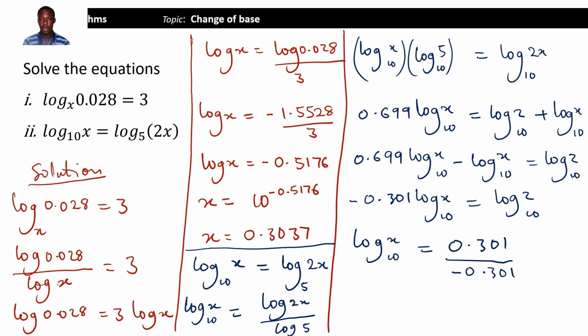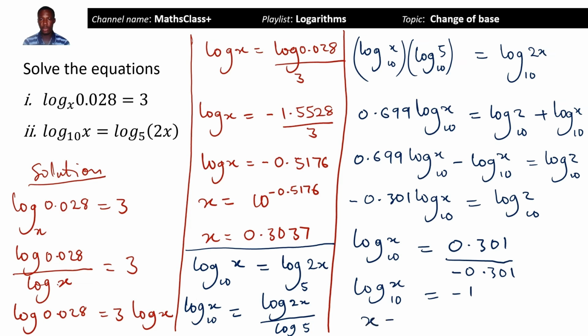So I get log x base 10 to be equal to negative 1. And when I change this to indices, I'll get x is equal to 10 to the power minus 1.